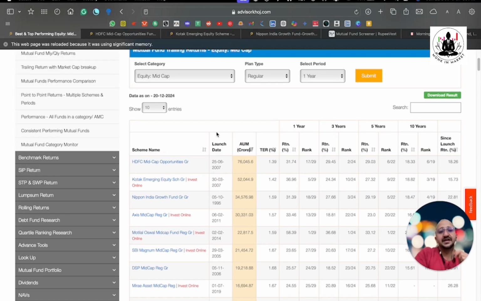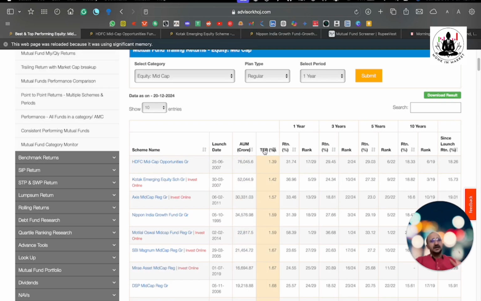Next important criteria for investment would be total expense ratio. Guys, over here I would like to give two contradictory statements. Statement number one, total expense ratio should be as low as possible because you are paying commission or expenses to the mutual fund. It is impacting your returns.